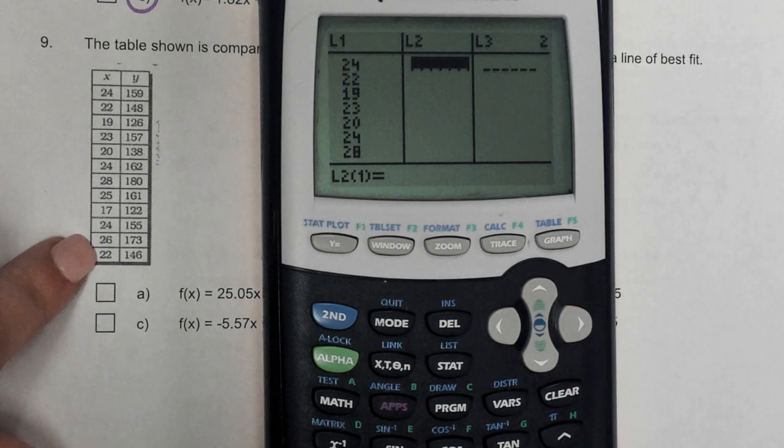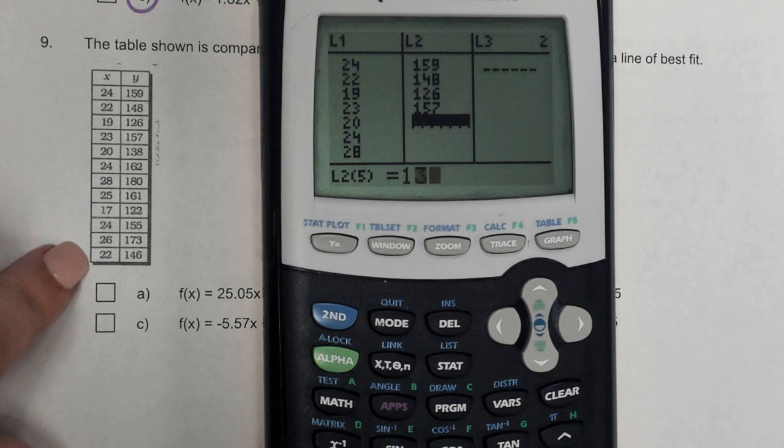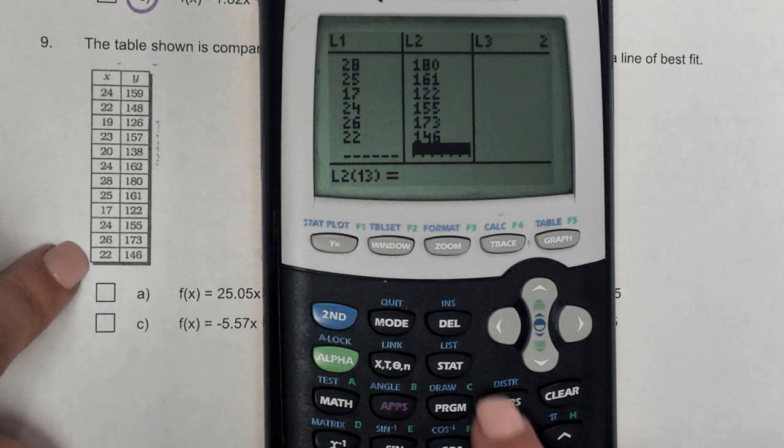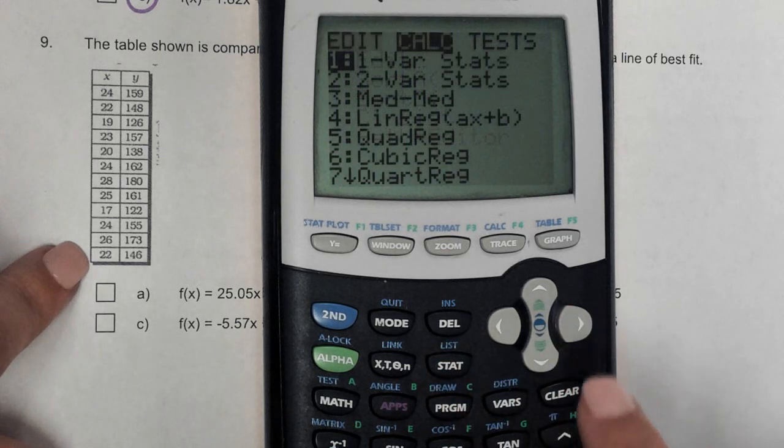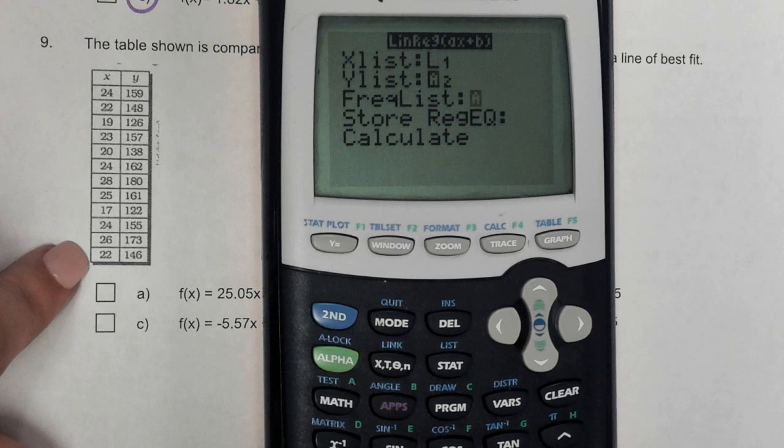And I put in my Y values. Once you've got them typed in, you click Stat, Right, 4.